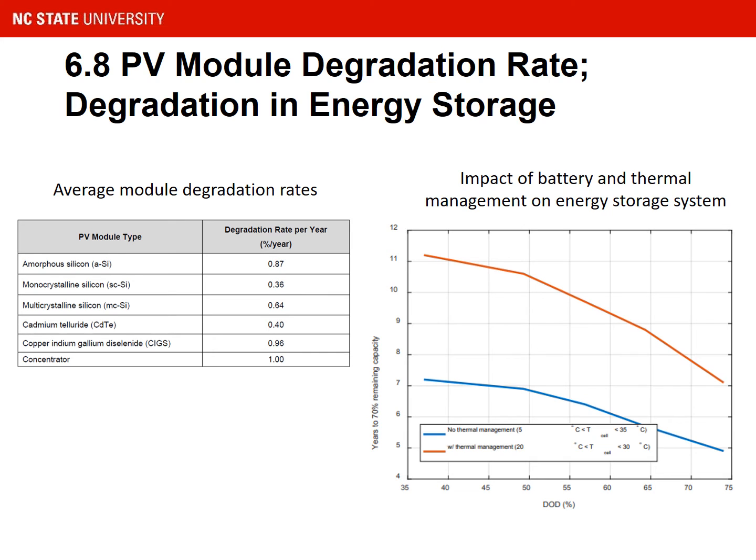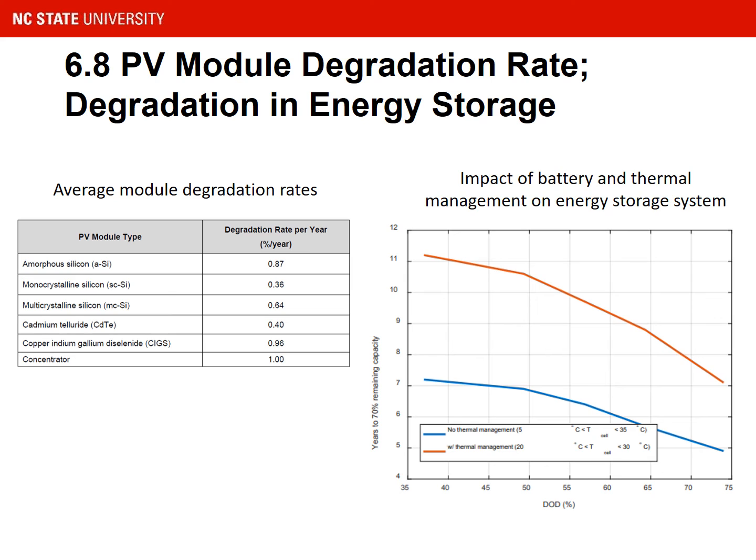Degradation rates in batteries depend heavily on usage, temperature, and shelf life. The graph on the right of the slide shows the results of an experiment where batteries were tested for their life cycle with and without thermal management, with varying depths of discharge. You can see that thermal management systems with low depth of discharge will prolong your system's life a great deal when compared to the same system without thermal management with a large depth of discharge.